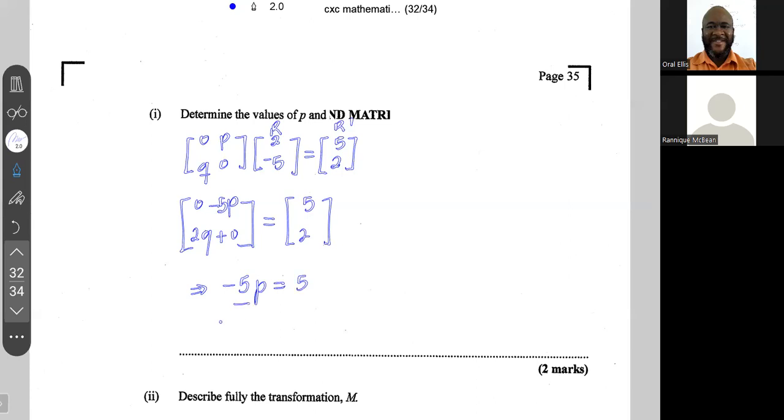Divide both sides by minus 5, and p is equal to minus 1. 2 times q is equal to 2, so q is equal to 1.